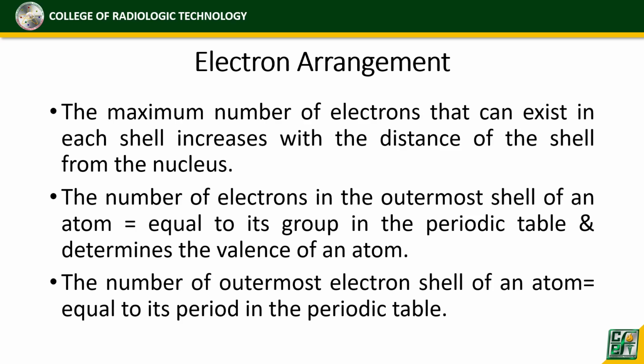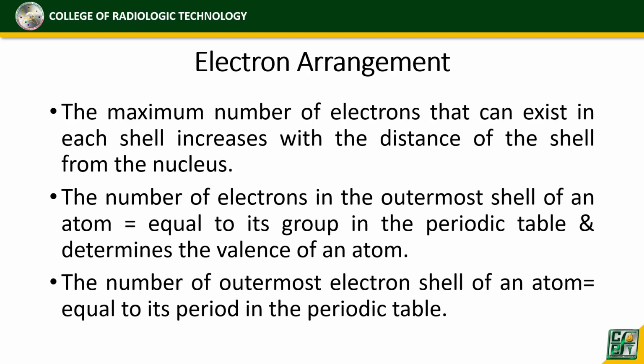So electron arrangement. We all know that electron is one of the subatomic particles that are located in the orbital shells or outside the nucleus. Okay? So the maximum number of electrons that can exist in each shell increases with the distance of the shell from the nucleus.